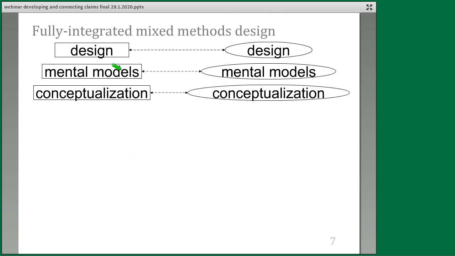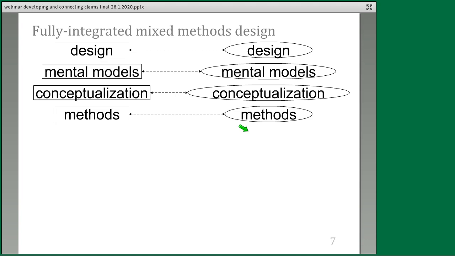We should also integrate at the level of mental models, which could be quantitative or qualitative. According to Tetley and Tasha Corey, at the level of conceptualization, we can have more quantitative and qualitative. So at all these levels, we should really mix.